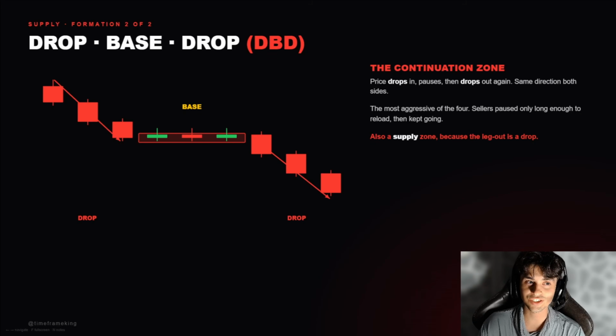And this is the last one. Drop, base, drop. Price drops in, bases, and drops out again. Okay? The sellers just pause there to breathe a little, and then they keep on going. It's a supply zone. You can see the leg out is a drop, so that makes it a supply zone.